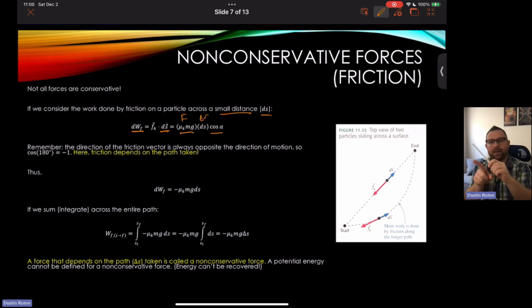So maybe we have force this way, and then the displacement is this way, and that angle is free to change. Now, here's the trick. Here's where we can think about this conceptually and mathematically, okay? So remember, the direction of the friction vector is always opposite the direction of motion.